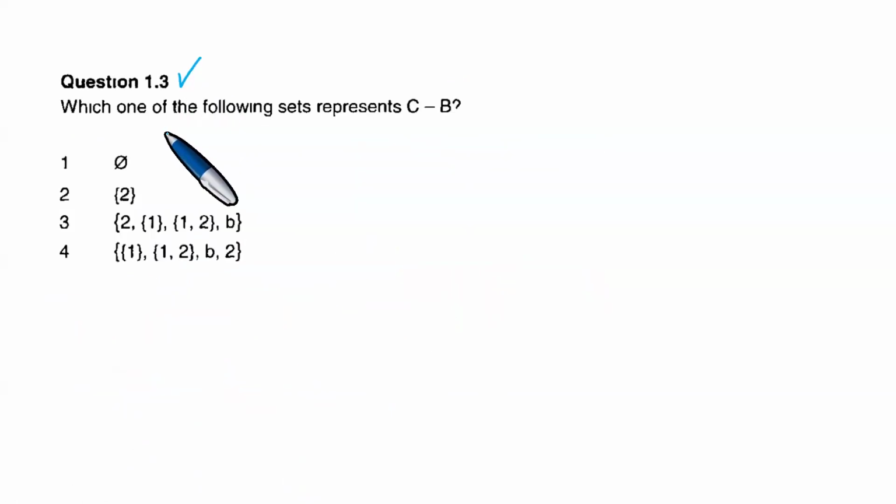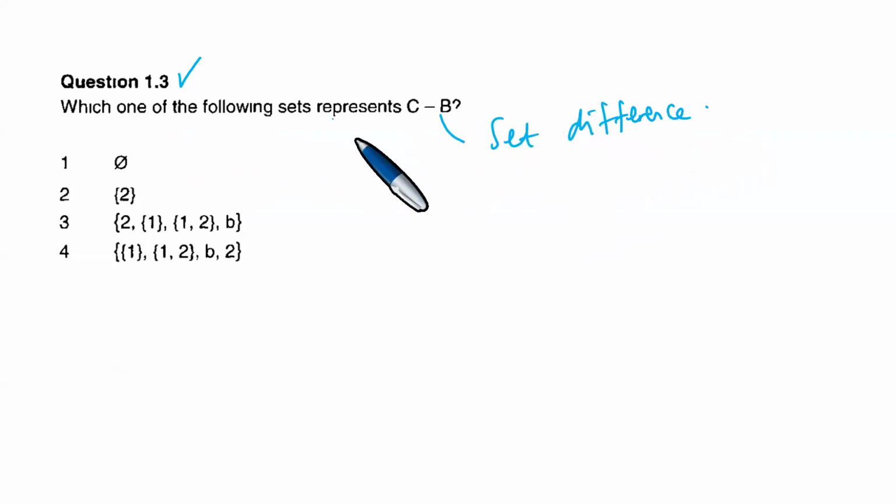Question 1.3, which one of the following sets represents the set difference? So we compute the set difference. The set difference has particular notation, but we shall discuss it in detail.